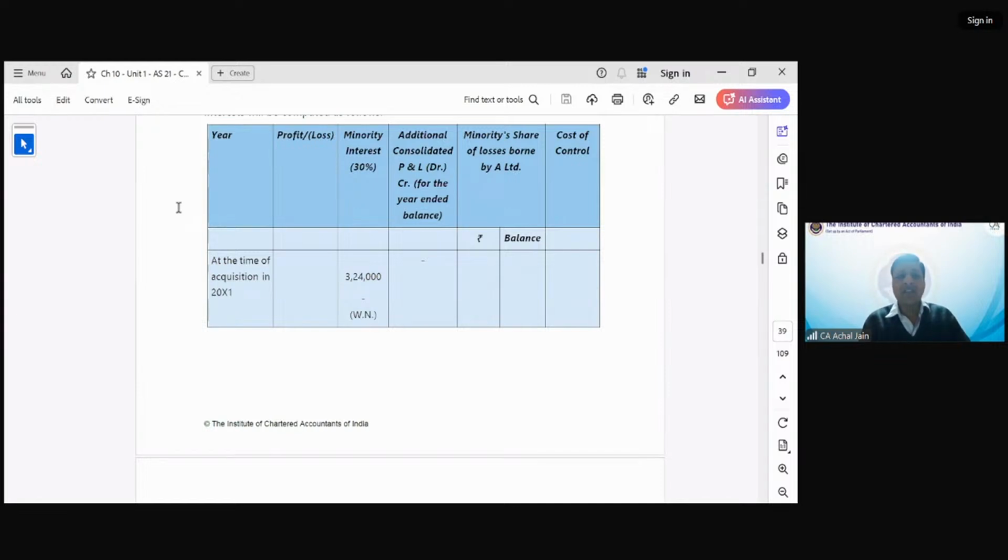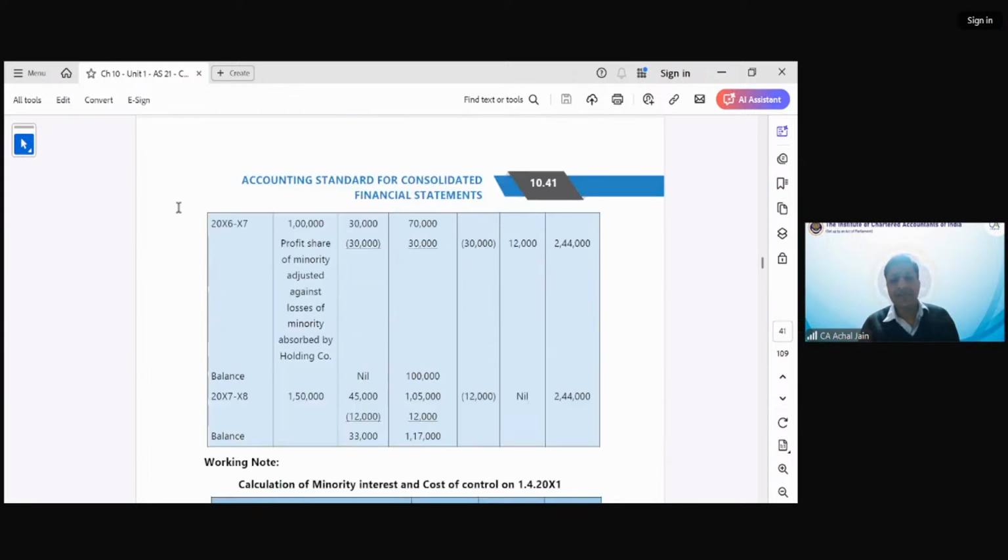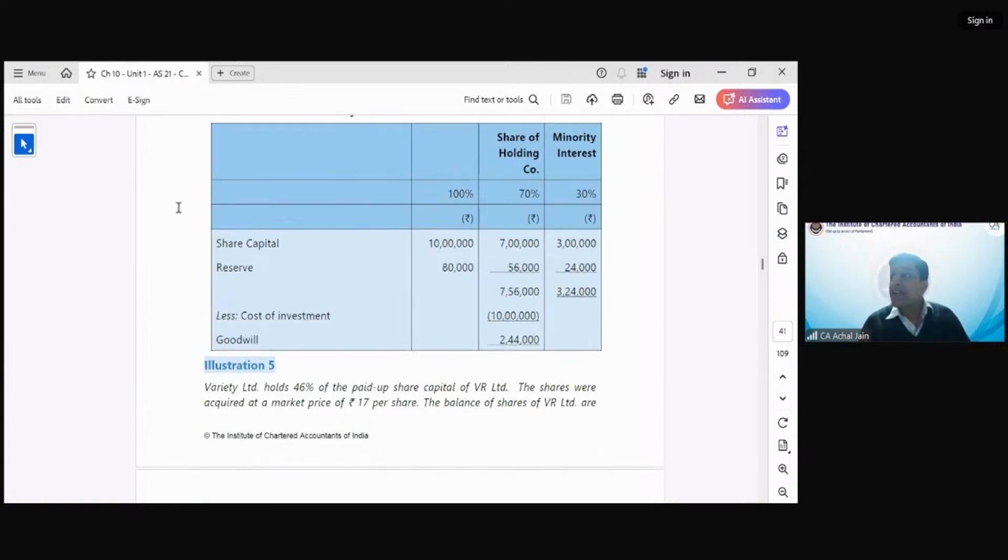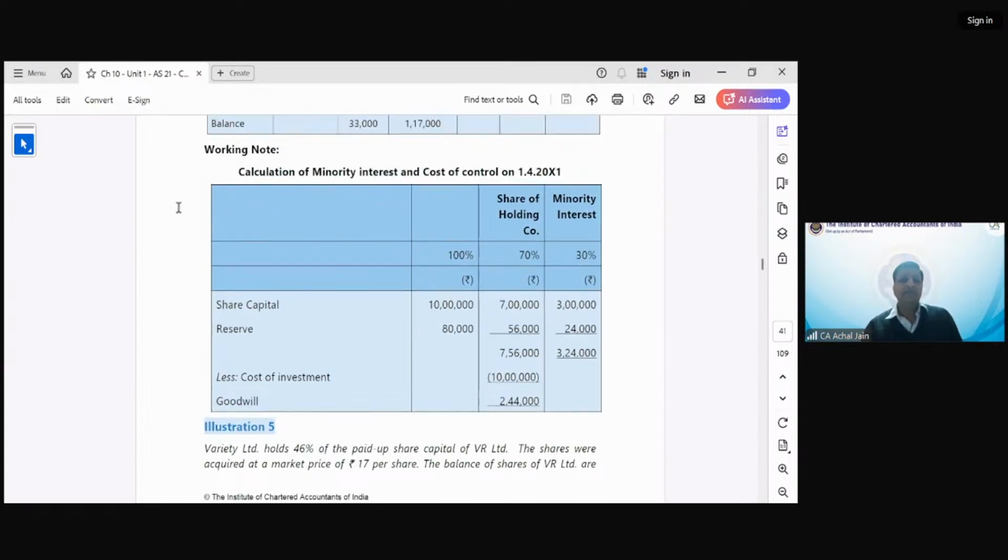Now, on the date of acquisition, let's start this exercise. First of all, you will compute the minority interest on the date of acquisition. For doing this, we can get on to one working note. Every time there is a question, some of these things are required to be computed.